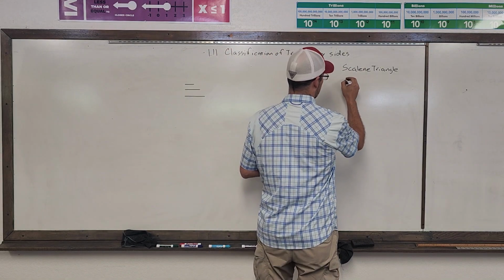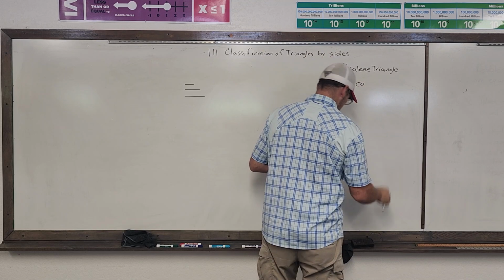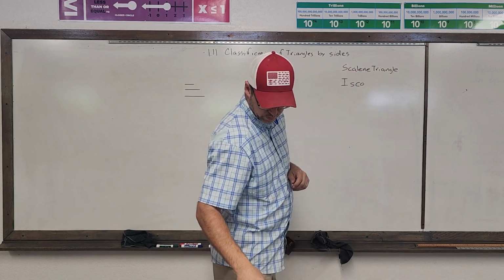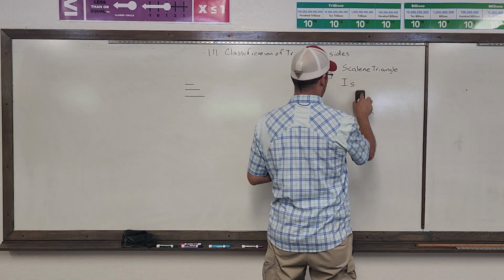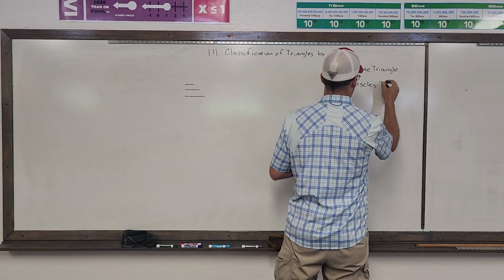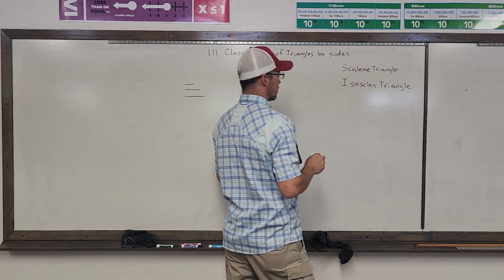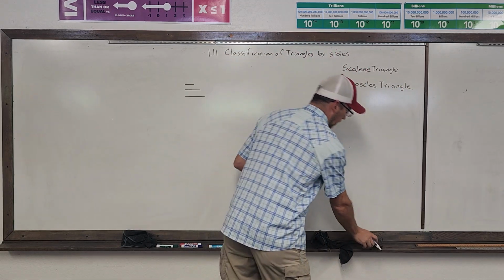We have an isosceles, spell that word, isosceles. On an isosceles, you have two equal length sides.